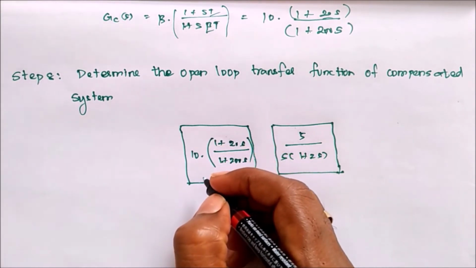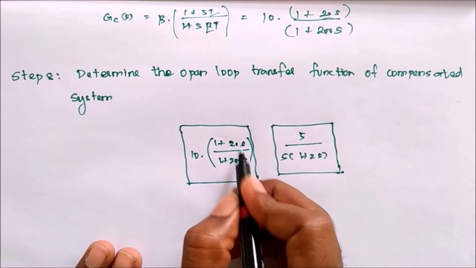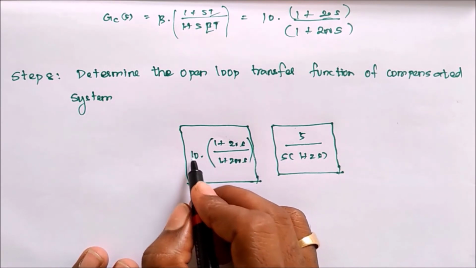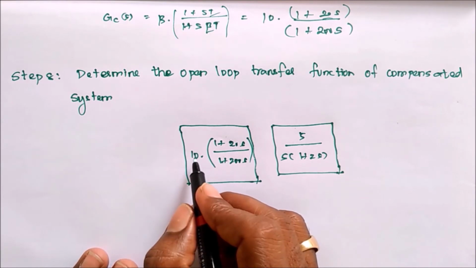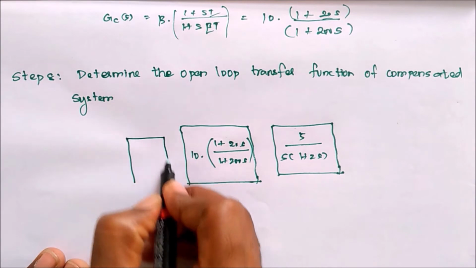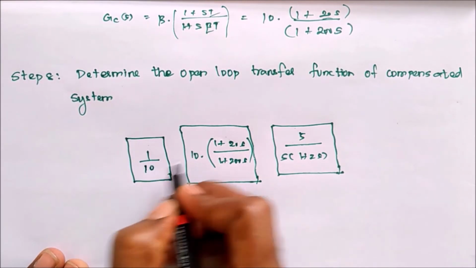This gain is multiplied by a factor of 10. In some problems the 10 should not come, so to nullify it we have to use 1 by beta, which is 1 by 10.